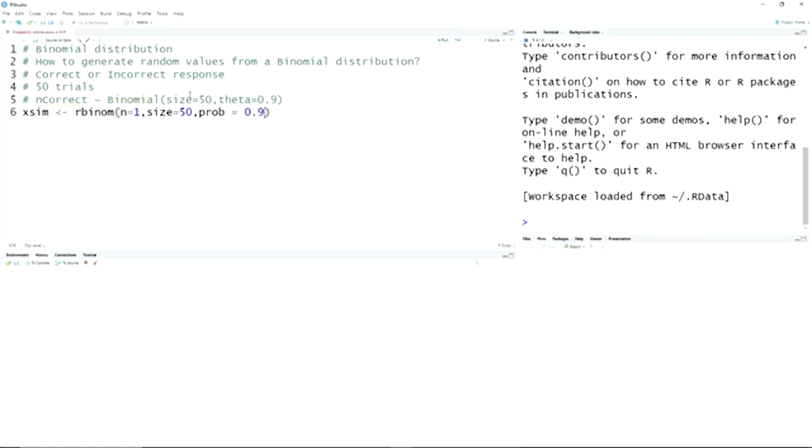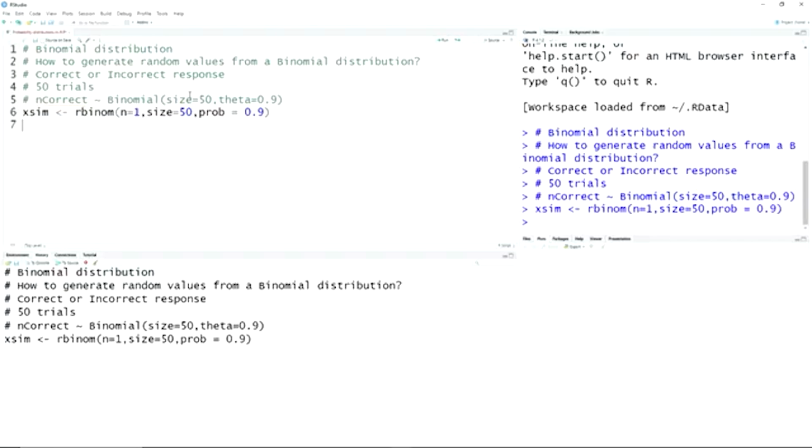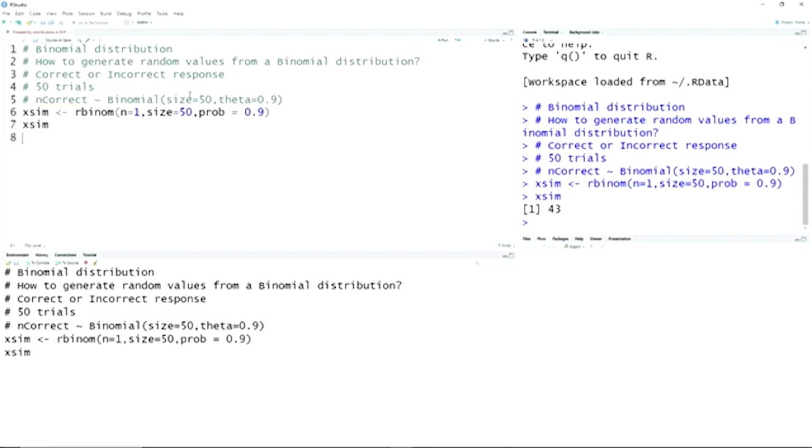So I have given the probability of success 0.9, number of trials 50, and n equals 1 means I just want to simulate one experiment. I want to simulate how many correct trials there would be in a single experiment with 50 trials. Let's see what happens. I have now executed this line of code and let's see what the output is. What is xsim? Okay, so xsim is actually 43. It is showing on this side.